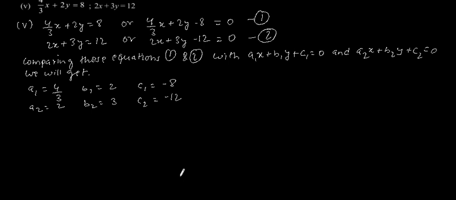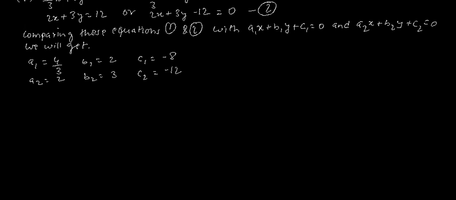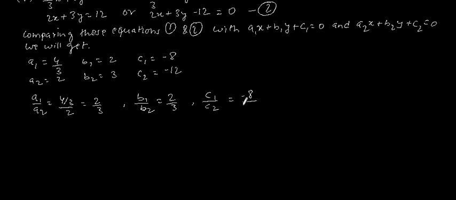So a1 by a2 is equal to 4 by 3 by 2, which is equal to 2 by 3. b1 by b2 is equal to 2 by 3, and c1 by c2 is equal to minus 8 by minus 12, which is equal to 2 by 3.